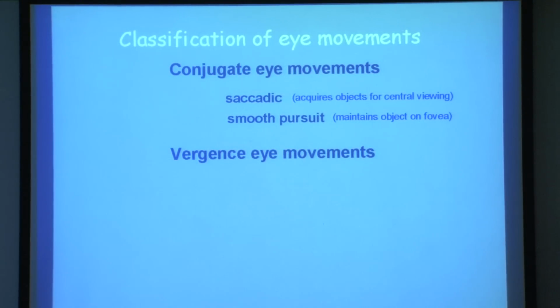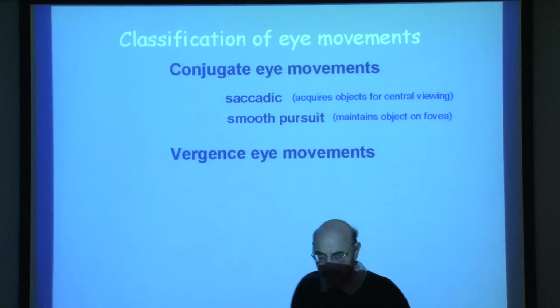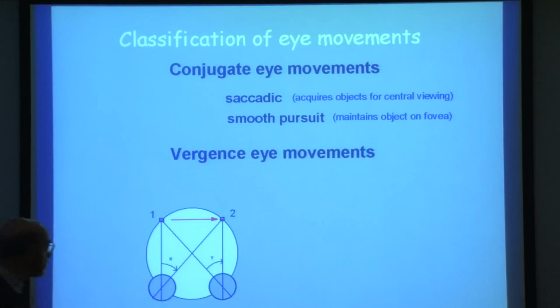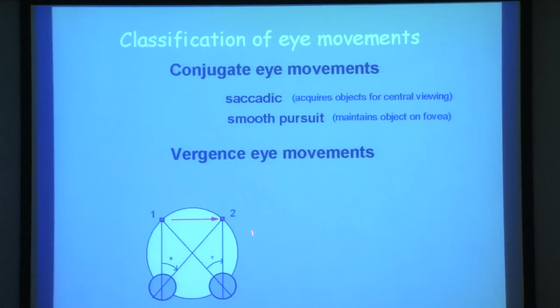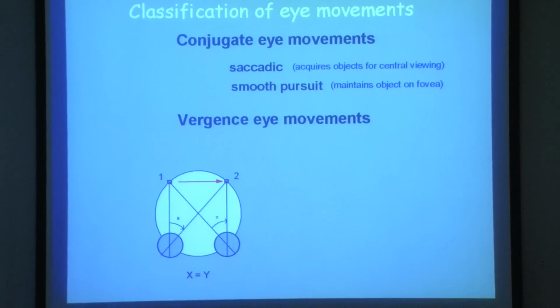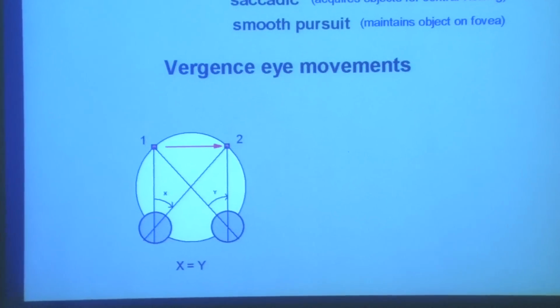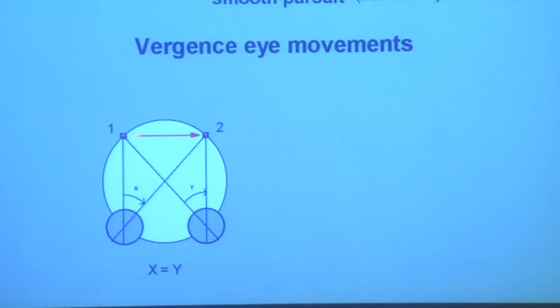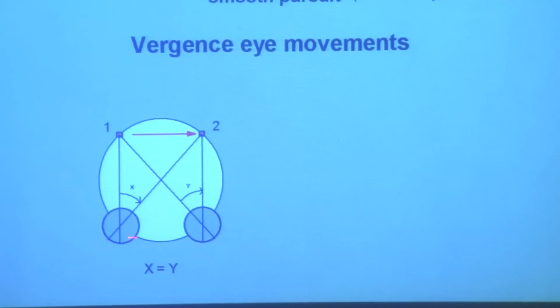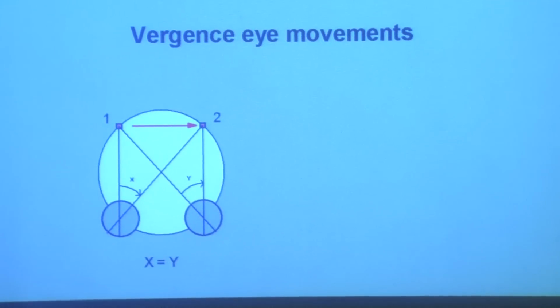All right? Now, vergence eye movements, you go back to that picture I'd shown you before, in which you have the horopter, or the Vieth-Müller circle, if you remember. If any object is along the Vieth-Müller circle, like going from 1 to 2, say an object jumps from here to here, then when the eyes track it, they fall on corresponding points in the two retinae.